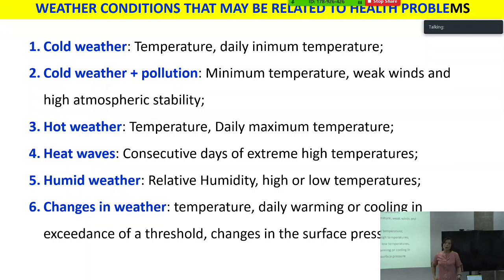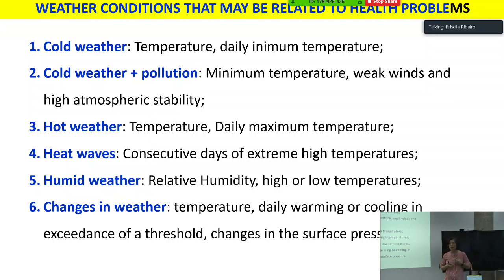Heat waves: you can forecast or check the length of consecutive days in which temperature is above a certain threshold. In general, we use a percentile. I think it's temperature above the 95th percentile for 6 consecutive days. That's called a heat wave. So that could be correlated with, I don't know, humid weather or changes in weather.